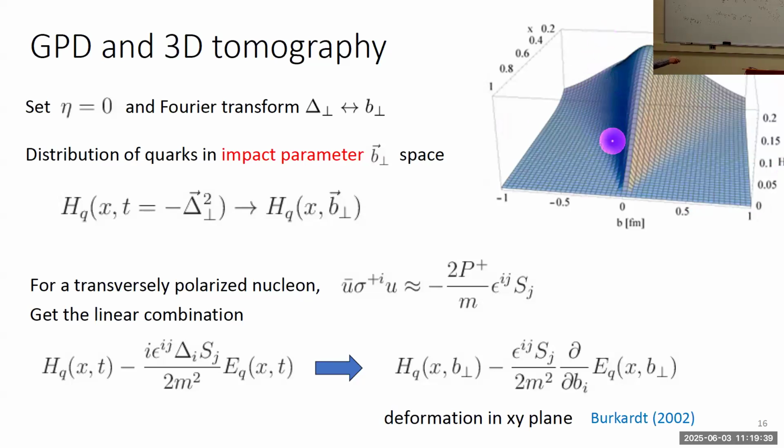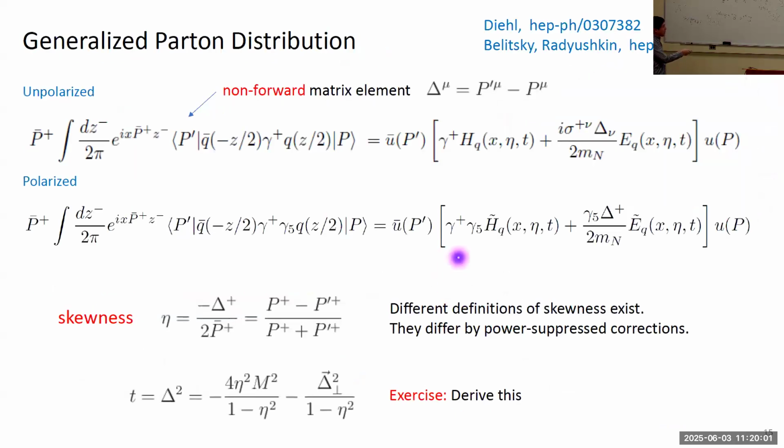You might think that you always get a spherically symmetric distribution because this GPD only depends on t, which only depends on the magnitude of the momentum transfer. But the interesting thing happens when the proton is polarized in the transverse direction. Then the second term comes into play, and you have this spinor product, u bar sigma plus nu u.